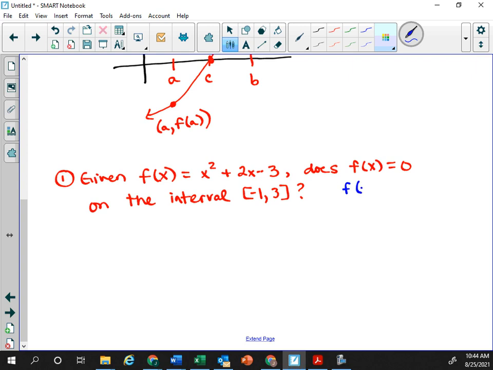What is f of -1? If I plug that in to f of x, what do I get for f of -1? Plug -1 in, you'll get 0.